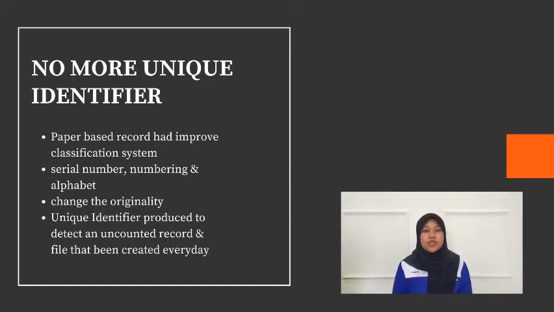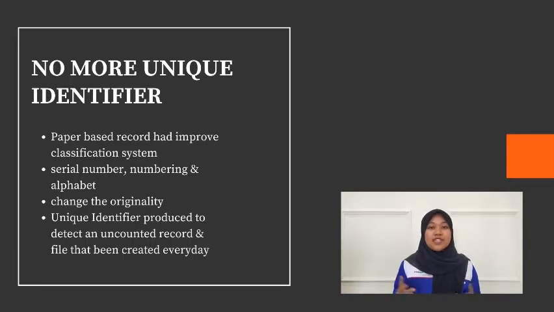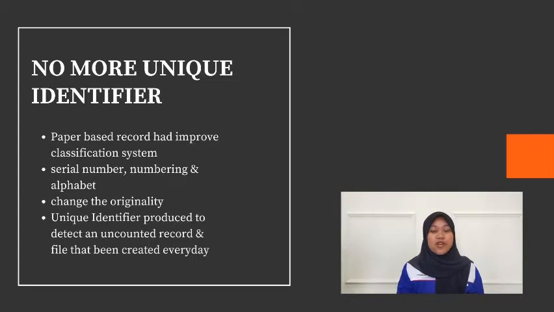There is no more unique identifier created for digital records and filing systems. As we know, paper-based records have improved their classification system by using a unique identifier for the files to easily retrieve the files and documents.